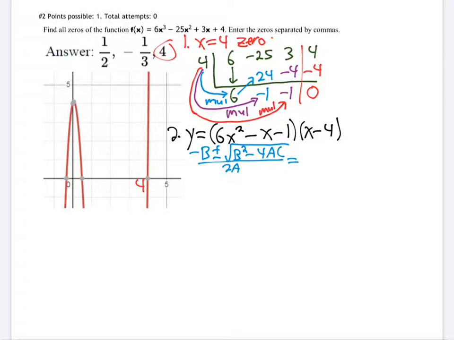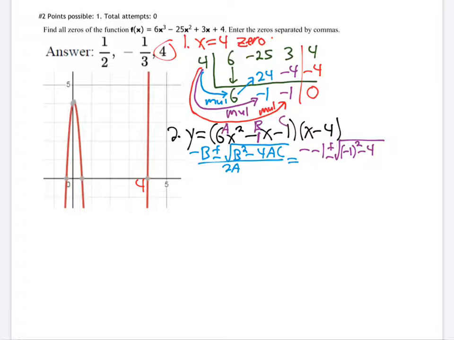And so this is my a. My b is negative 1, huh? And c is also negative 1. So negative b, plus or minus the square root of b squared, negative 1 squared, minus 4.